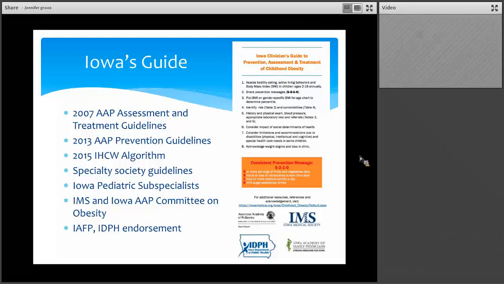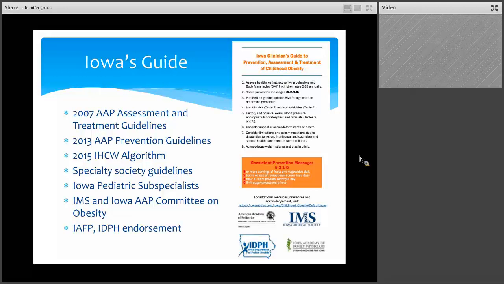Childhood Obesity. This is an education handout that was developed last year by the Iowa chapter of the American Academy of Pediatrics Committee on Obesity, and it was modeled after work that's been done in several states.